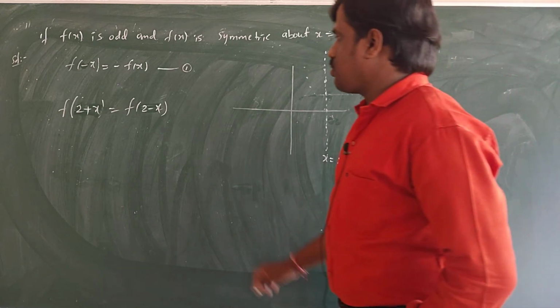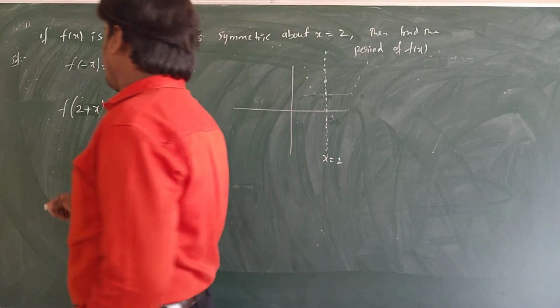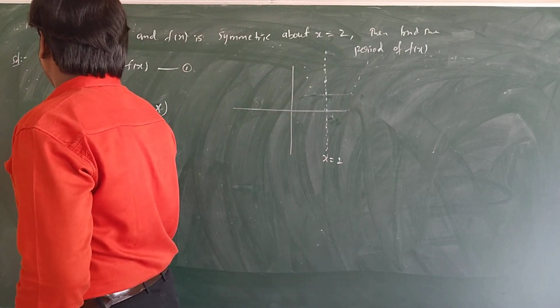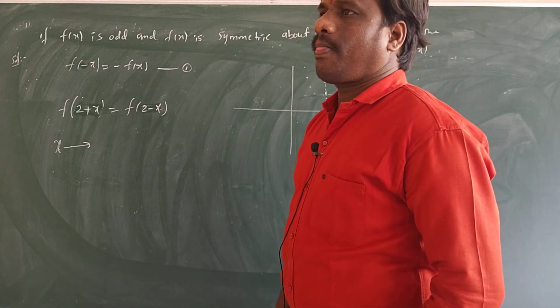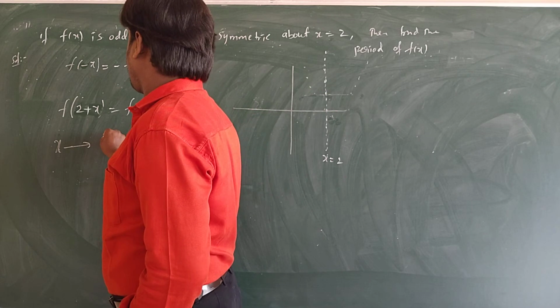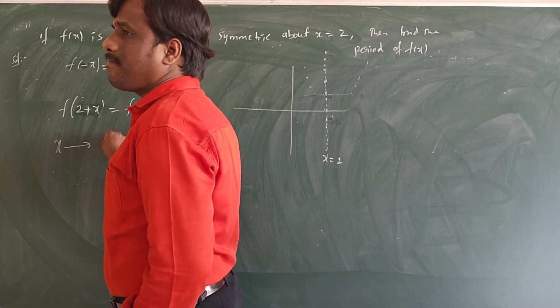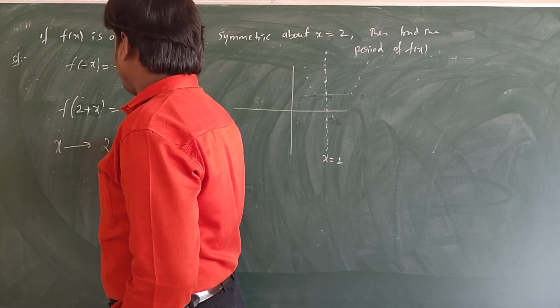Now replace x here. Replace x with 2 plus x, and x replaced with 2 minus x. Okay, we'll go for it.